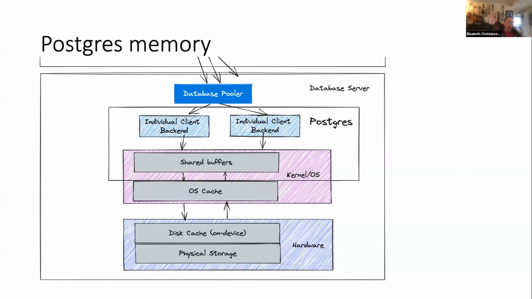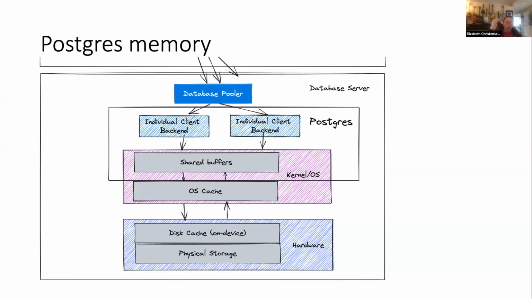So if a query is coming in from an application or a reporting server, that's going to go first to a connection pooler, if you have one in place, and then each individual piece that gets data from Postgres is going to connect to what's called an individual client backend.